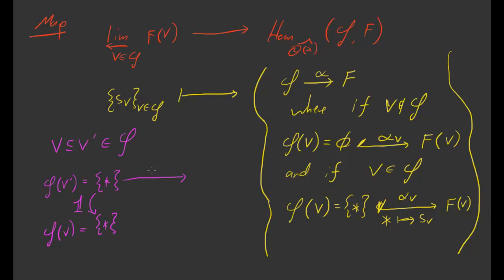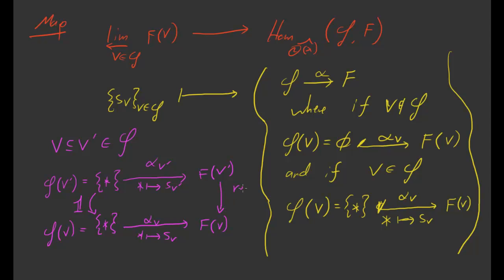But here we're going to have alpha V prime, and this is the map which takes star into S of V prime. And down here we'll have alpha V, and this is going to take star into S of V. And we have F of V prime up here and F of V down here.